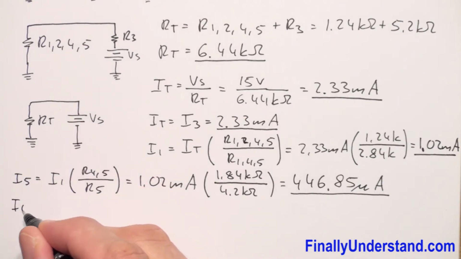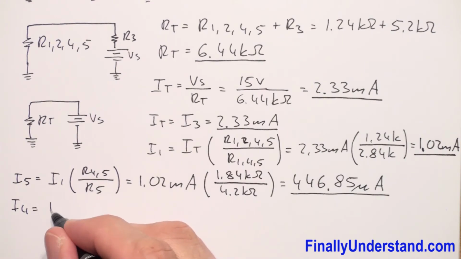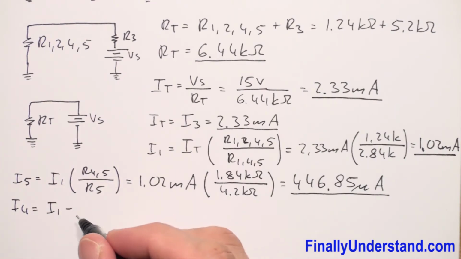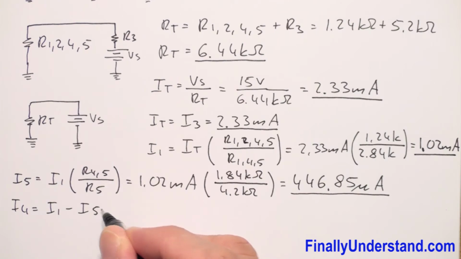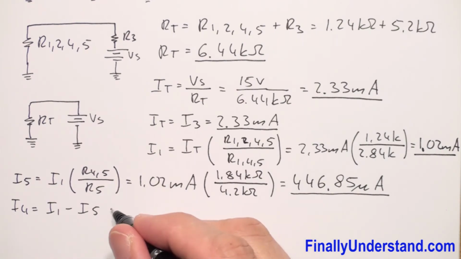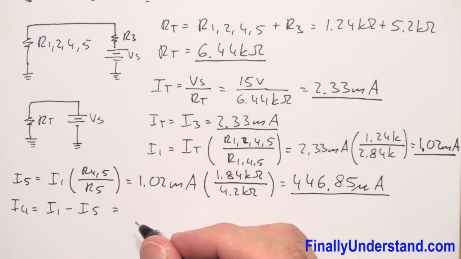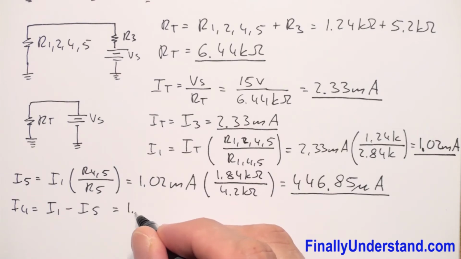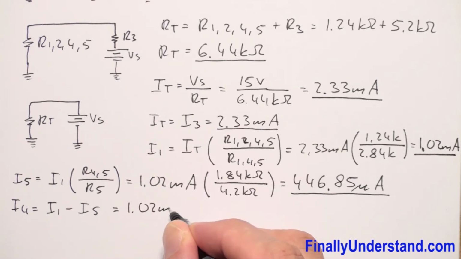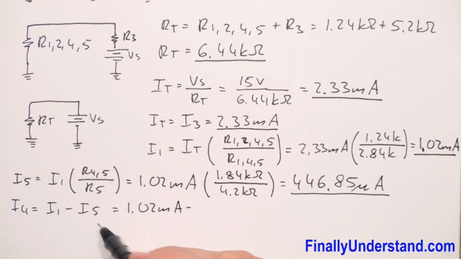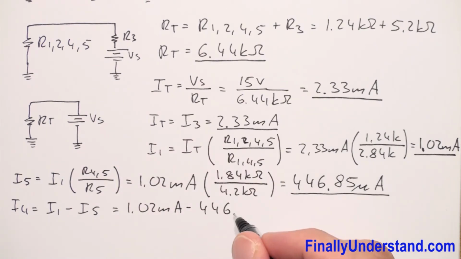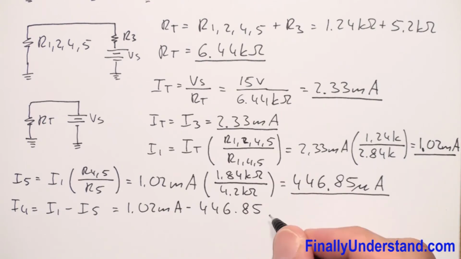I4 is equal to I1 minus I5. Okay, so I1 we found is equal to 1.02 milliamps minus I5, which is equal to 446.85 microamps.